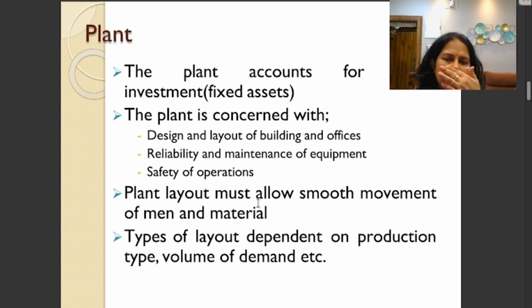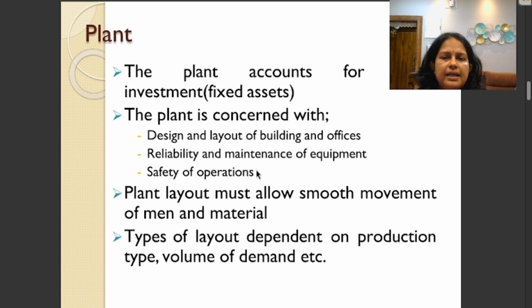Then is plant. Plant deals with the plant location, plant layout. We all know plant is a fixed asset because we are investing in it and we are going to establish the plant or the farm. We are purchasing the land, we are doing the layout structure. So this is all the fixed asset, we can say.